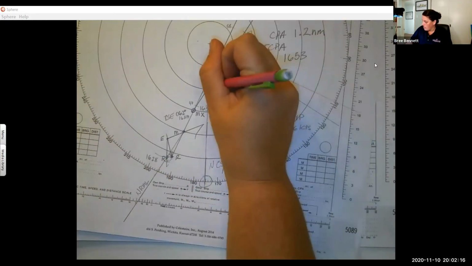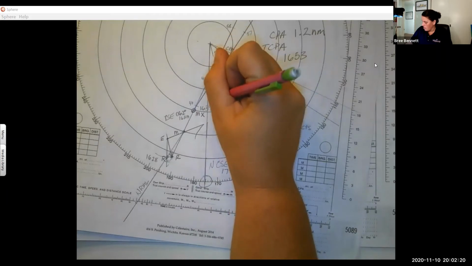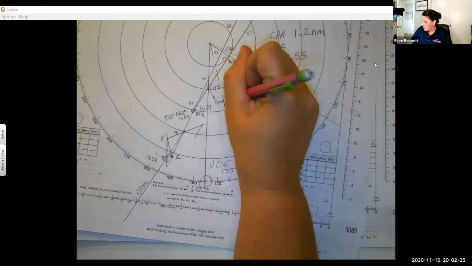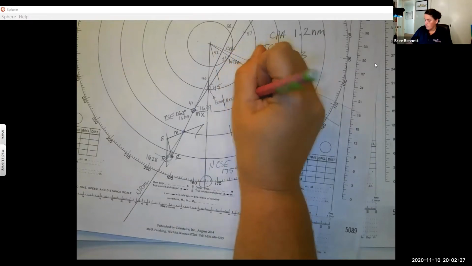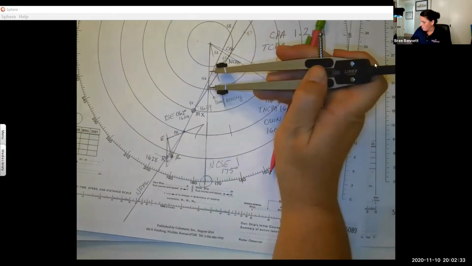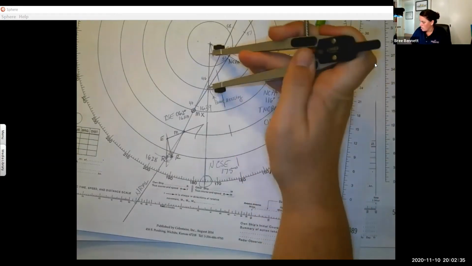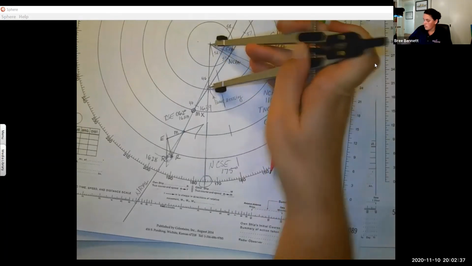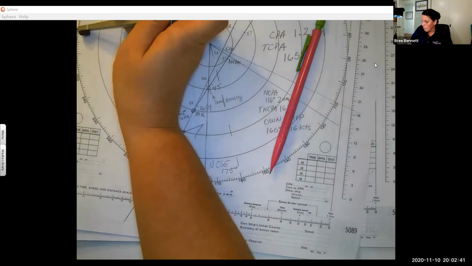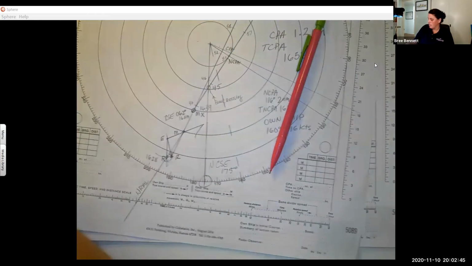So right here is that bow crossing. So I'd say it's just shy of 4 miles, 3.8, 3.9, something like that.